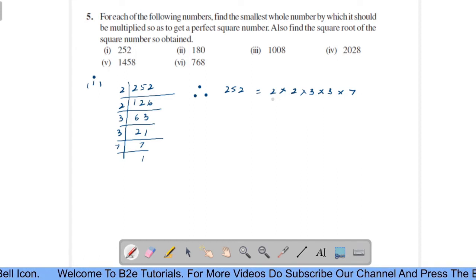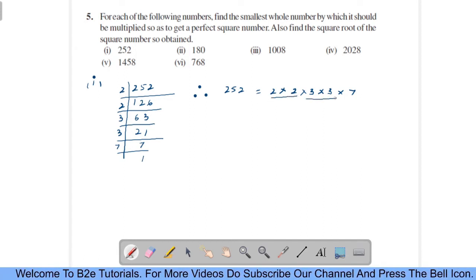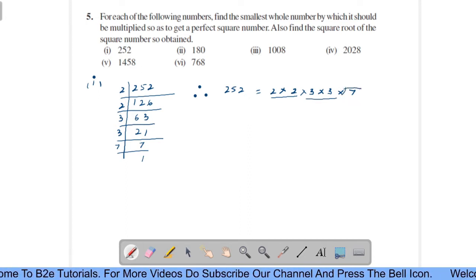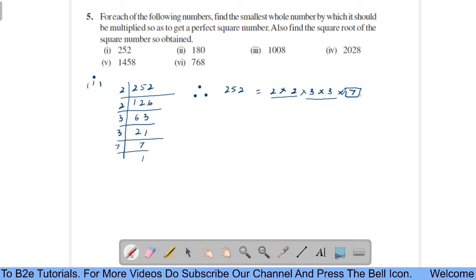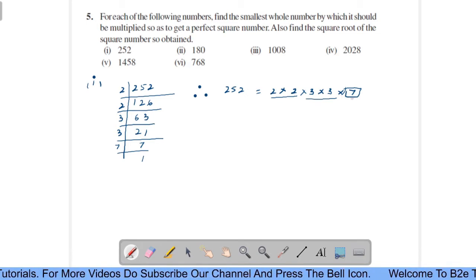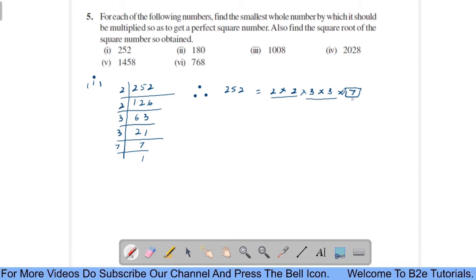Here make pairs of 2. Here these two are paired, but 7 is not paired. It means we require 1 more 7. It means 7 is the smallest number by which it should be multiplied to get a perfect square.